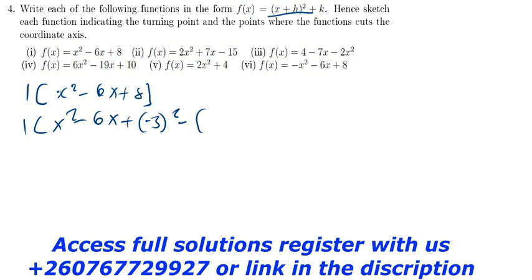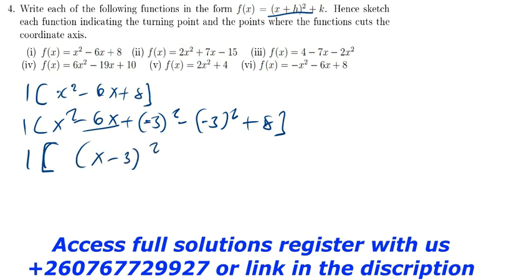We square it, -3 again, we square it, plus 8, like that. The next step, we ignore this and write x minus 3 squared. I'm just following this sign, forget about this. So minus -that, it will give me that.